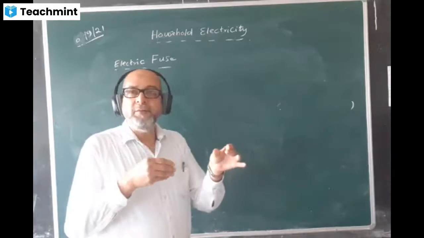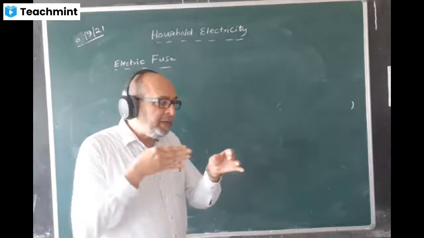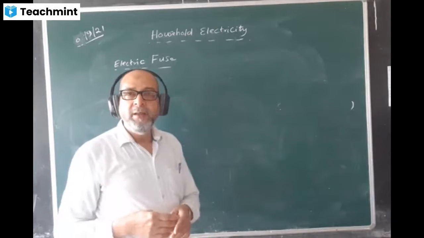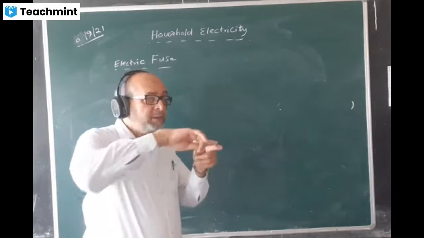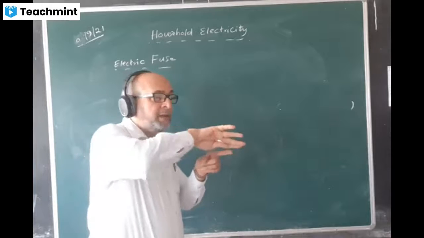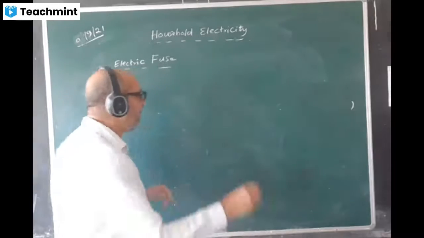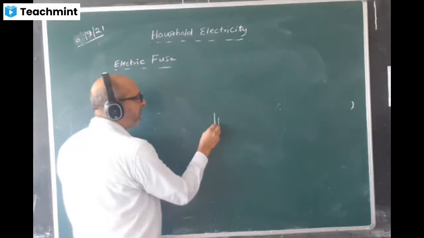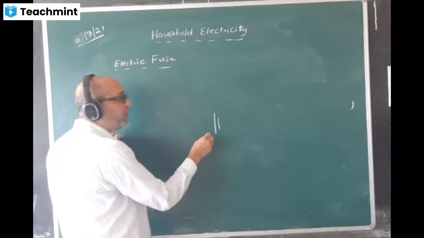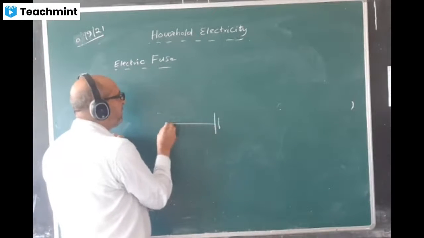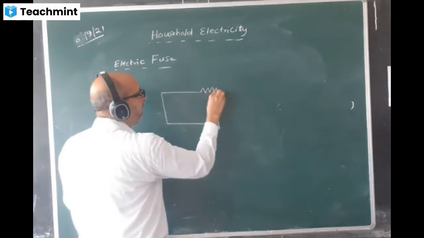Through the live wire, the current enters. And through the neutral wire, the current exits and goes back to the source. Suppose one example: here is a battery and here is some appliance.